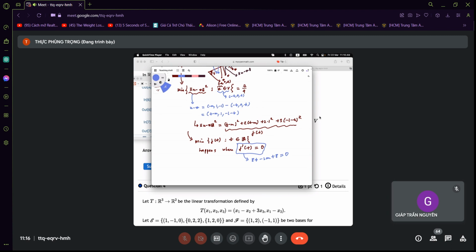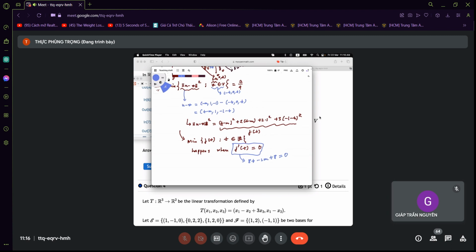And now it means t is m plus 4 plus 1, plus something right here. Maybe I write over 4, right? Right here we have minus 2m minus 8 over 8. Yeah, so that's what we had.